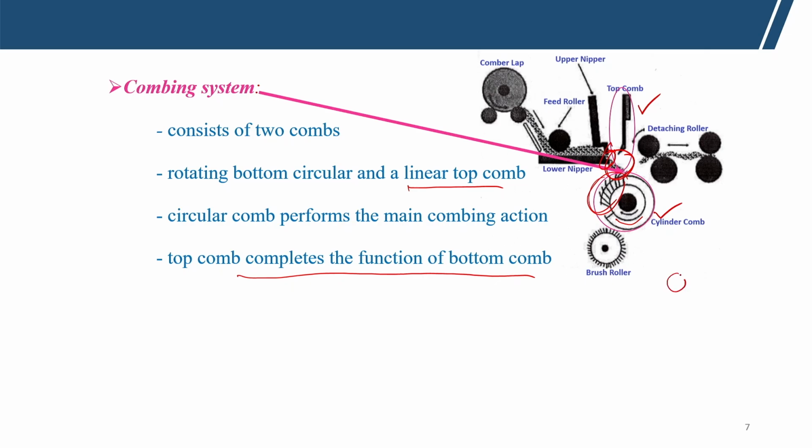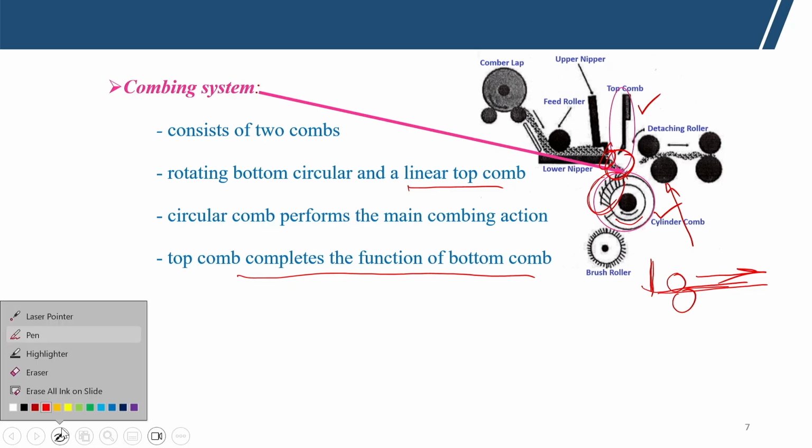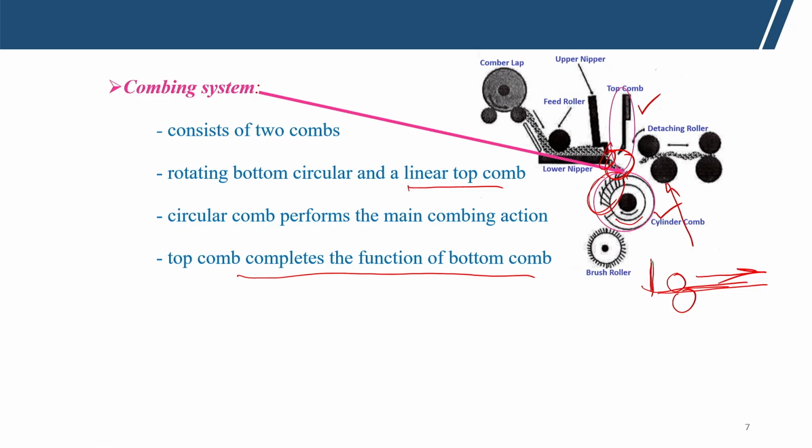This is the detaching roller, and during its forward movement it takes away the fringe combed by the cylinder comb, and then the top comb comes into the picture. When the material is being pulled, it pulls through the pins of the top comb.